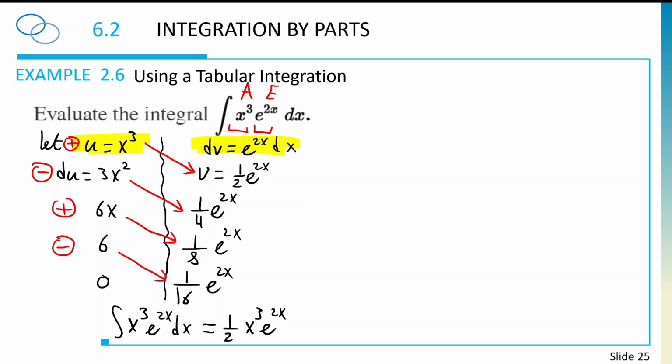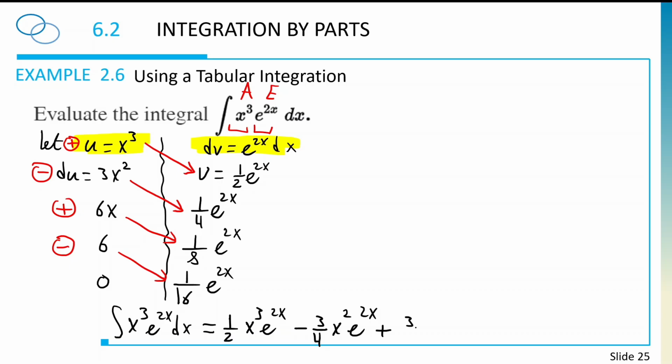Now the second term, 3 times 1 over 4, so it's 3 over 4, and there's a negative sign, so it's negative. I'll fix the coefficient first. 3 over 4, and then x squared times e to the power of 2x. I'll move to the third term, 6 over 8, which I can simplify basically as 3 over 4, and the sign is positive.